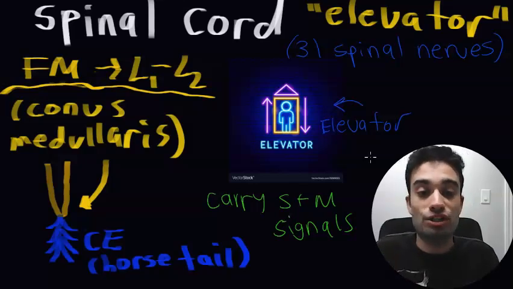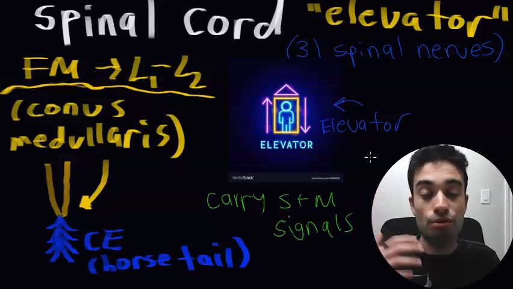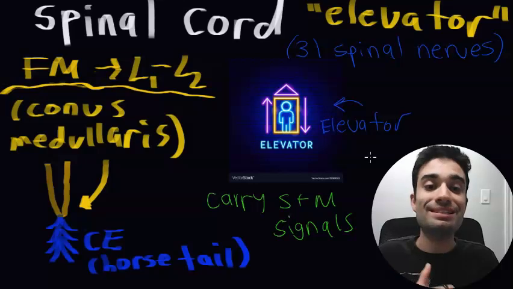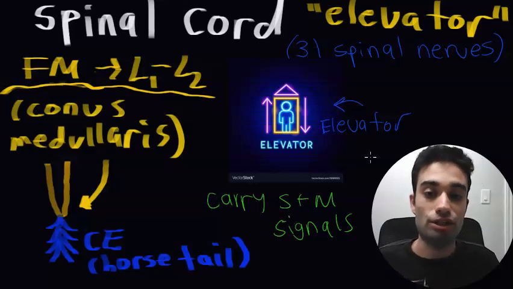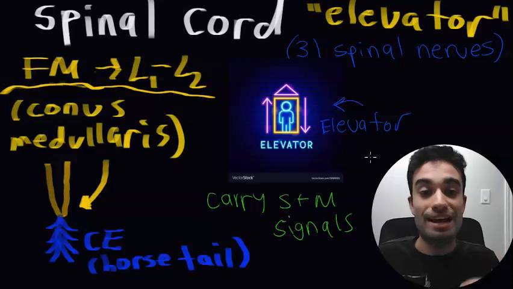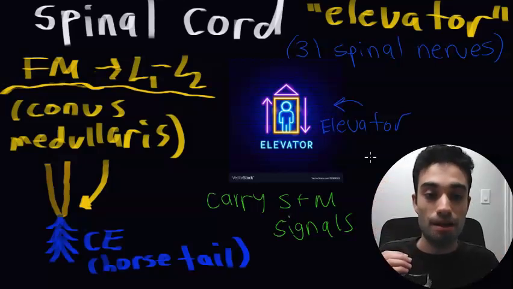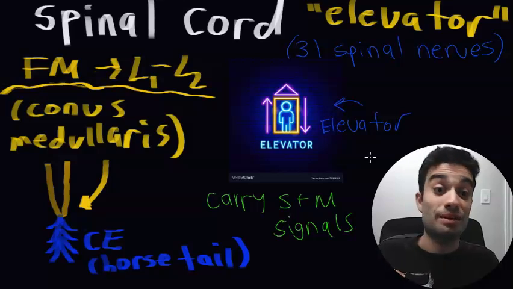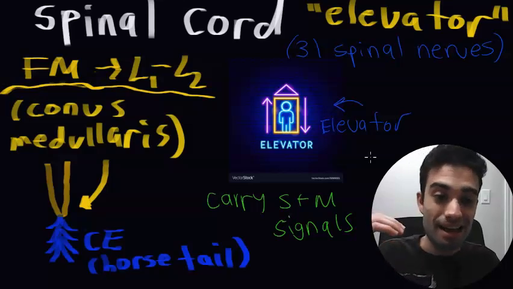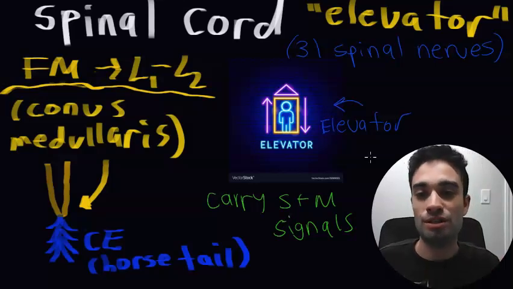Sensory information is going to go towards the central nervous system from the periphery, and the motor descending or output information is going to go from the central nervous system to the periphery, for example, to the muscle. So sensory signals are ascending and motor signals are descending. You can also say sensory information is incoming and motor information is outgoing. Many ways you can describe that.